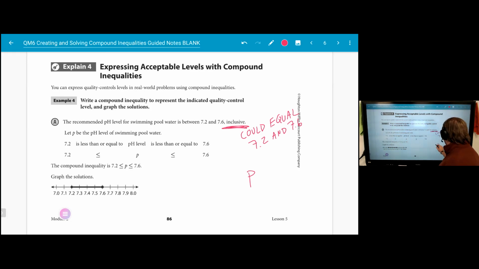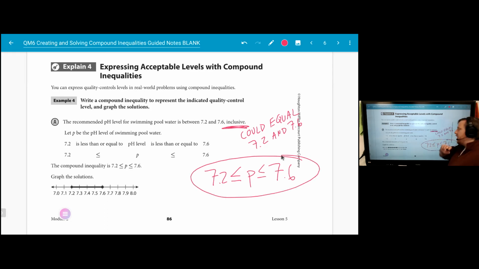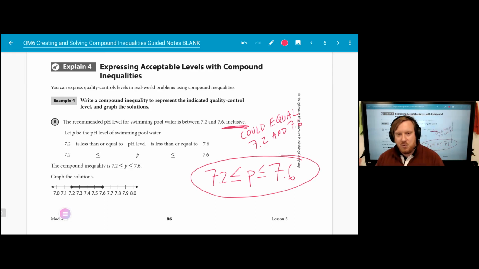In other words, the lowest it can be is 7.2. The biggest is 7.6. The pH level has to be greater than 7.2, but could be equal. But it also has to be less than, but could equal 7.6. We just wrote that from what makes sense.